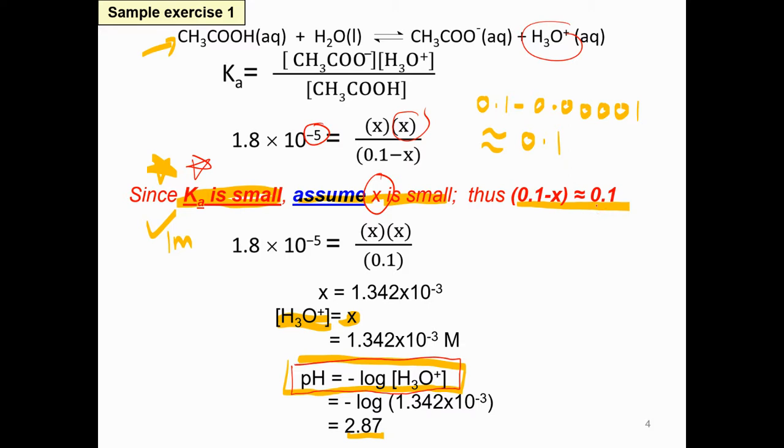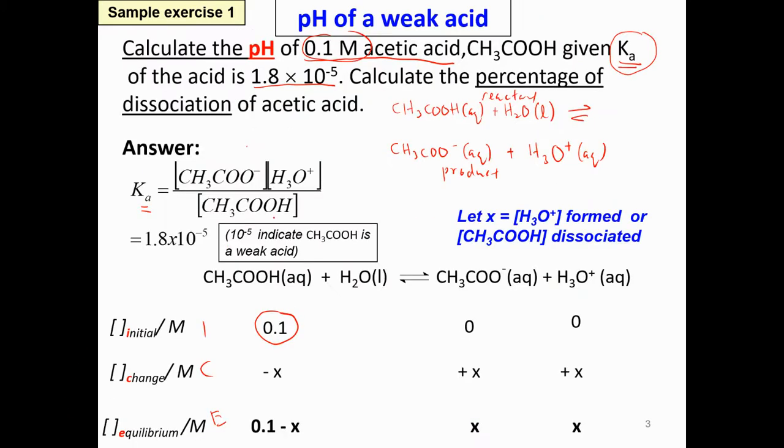The calculation for this part is not difficult because it is similar to chapter 6, chemical equilibrium, where you always start with writing the expression for Ka, equilibrium constant, or this time we say acid dissociation constant. Another one, write the reversible reaction equation for the weak acid or weak base.